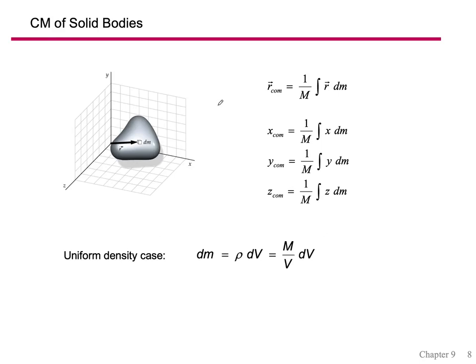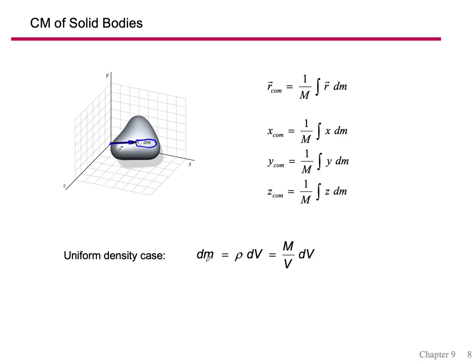You can do the same thing in 3 dimensions, except in this case, for solids, you've got to actually figure out each little chunk of mass dm and how far it's away from an arbitrary starting point, in this case, the origin. If you added those all up, basically integrated them, you could solve it.